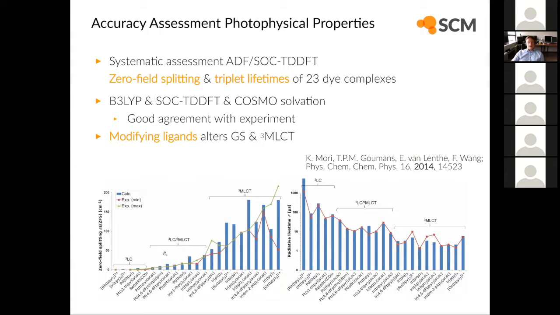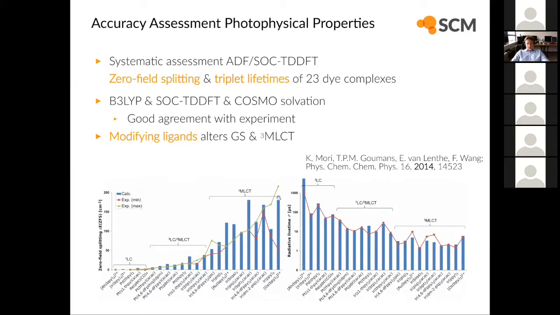And as you can see here on the bottom on these two graphs, usually the results match up quite well with the experiment. There are individual outliers which can usually be explained in terms of discrepancies between what one has in the computational model and the actual experimental setup and system.